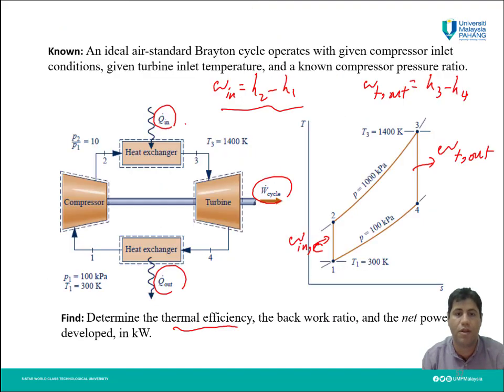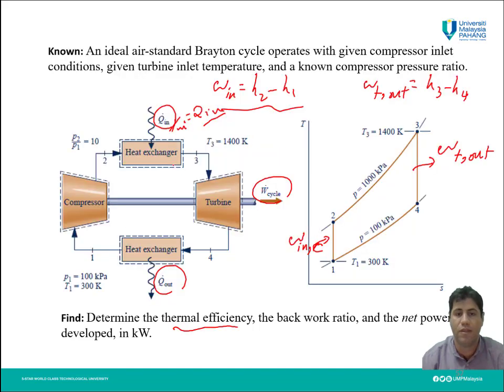If you notice here, Q dot in divided by M dot will leave us Q in, not Q dot. So Q dot in divided by M dot will be Q in.